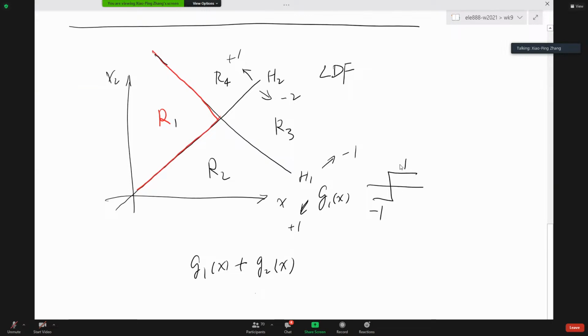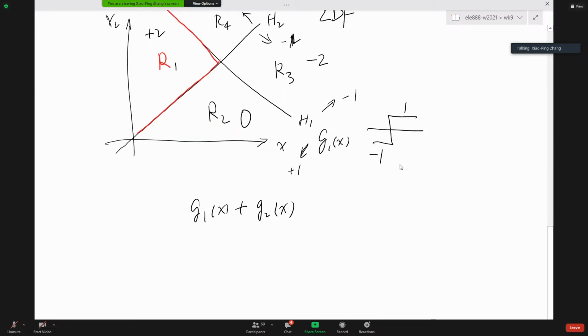In this region we would have +2, because this is +1 and this is +1. For this one it's -1, and for H2 it's -1, so this region is 0. This region is 0 as well, and this region is -2.